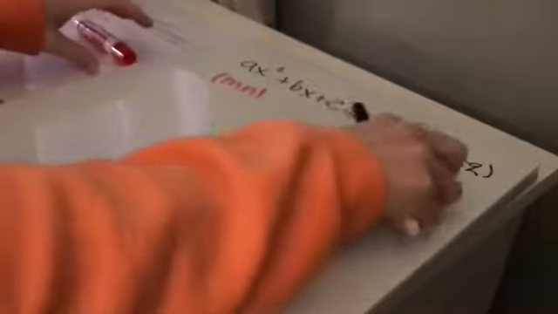And when we FOIL, we end up having m times n times x right here. So we get mn times x squared, because you get the m and the n, and then x times x would be x squared. And then you would get plus, so that's the first, then the outer would be m times p, and that's going to have an x on it.